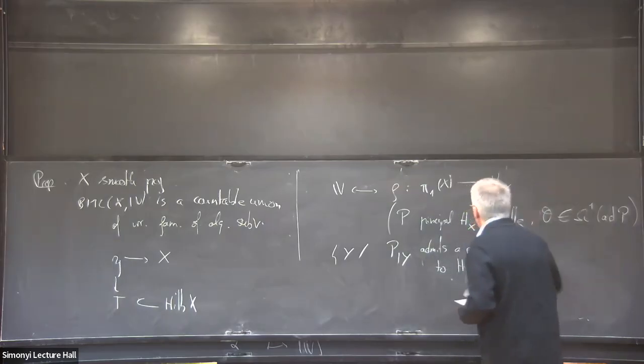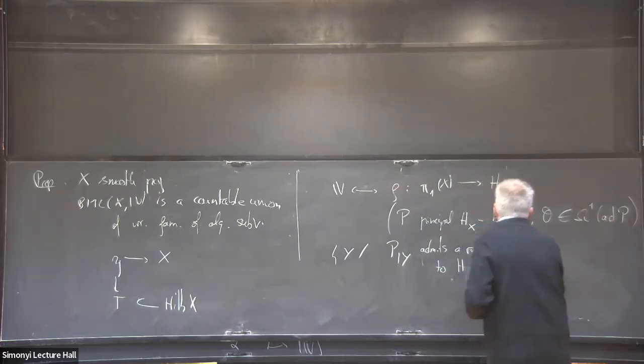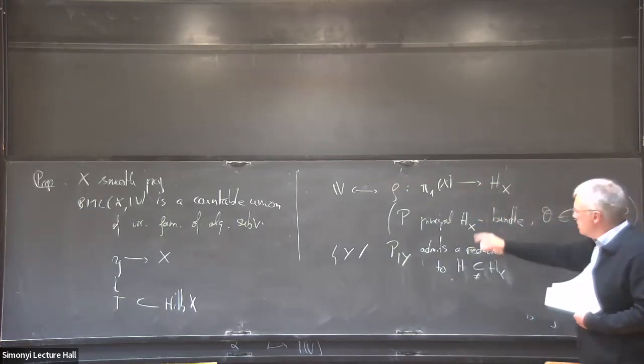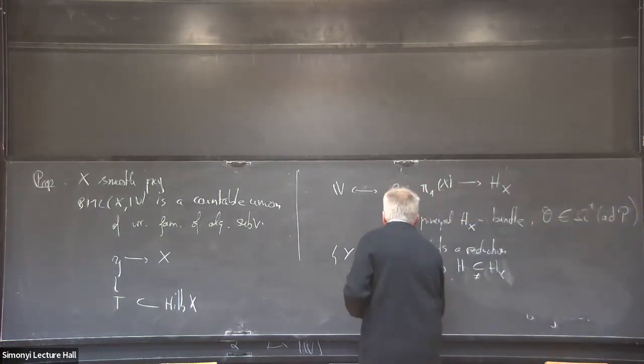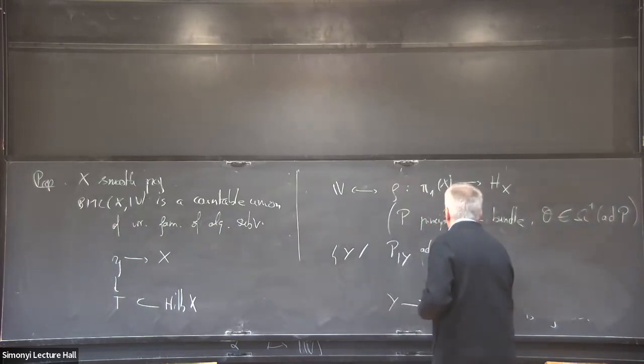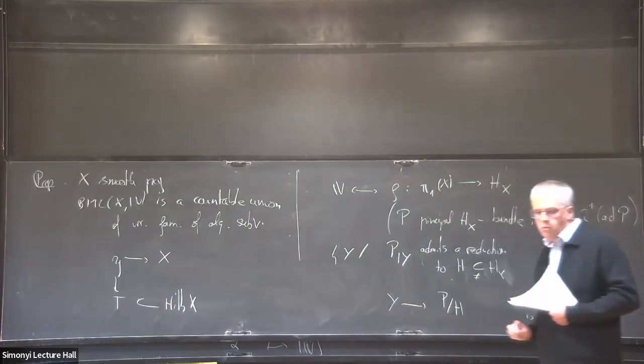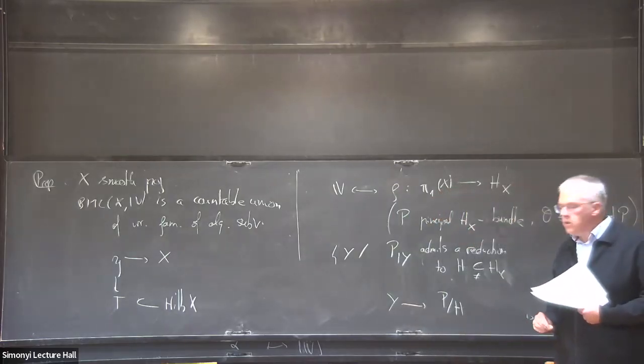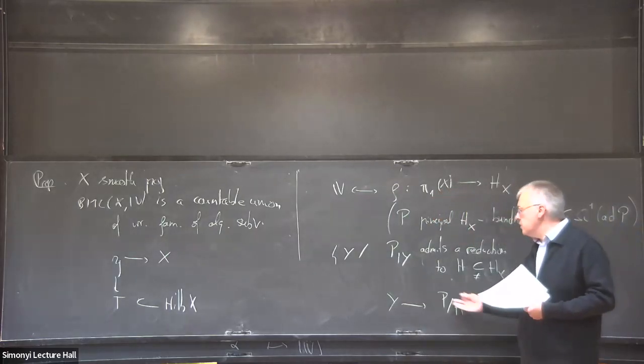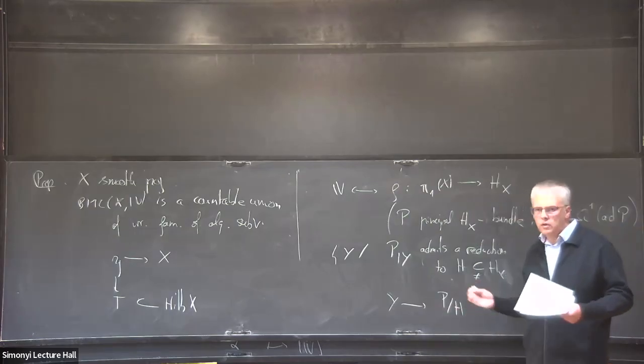So let's fix the group H that you want. This is the same thing as saying that over Y, you have a section of P modulo H. So really, you're looking at the locus where this bundle admits a section. This is the first thing.